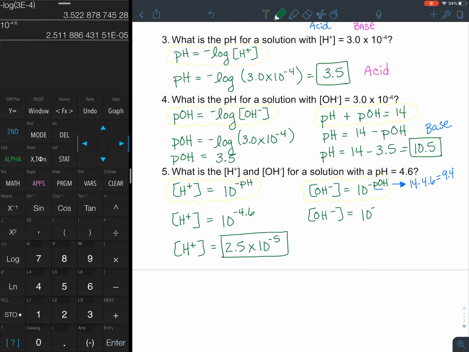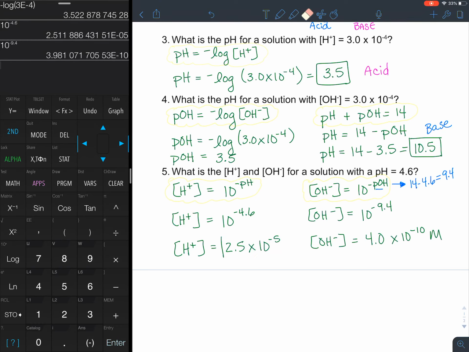So when we calculate that out, we do 10 up caret negative 9.4, enter, and we get 3.98, so I'm going to round that up to 4.0 with sig figs, times 10 to the negative 10th, and I should put molar on there. Let's put our unit on there so we make sure we have that as well. And that is how we solve those.